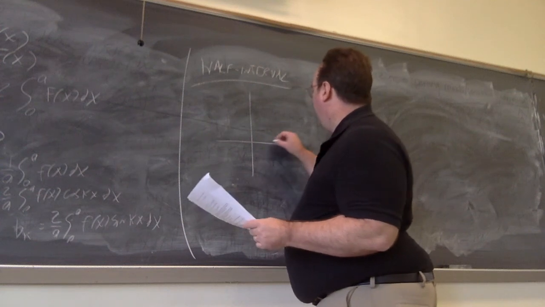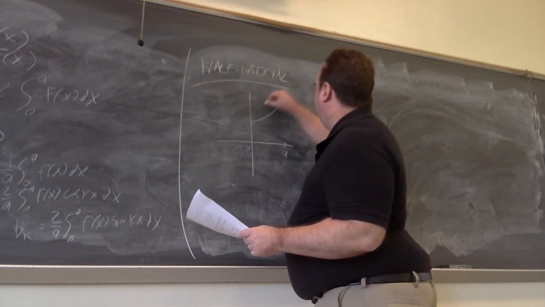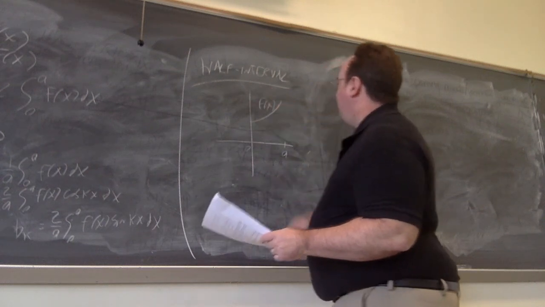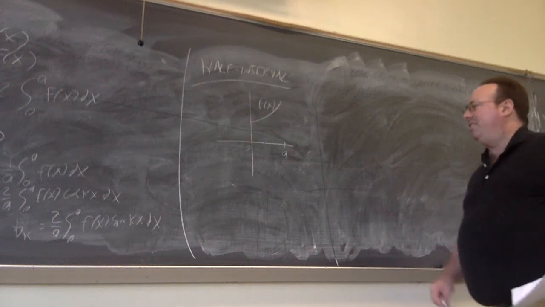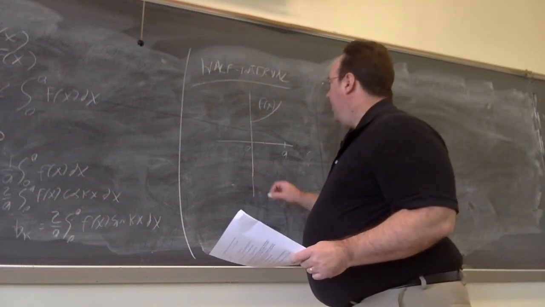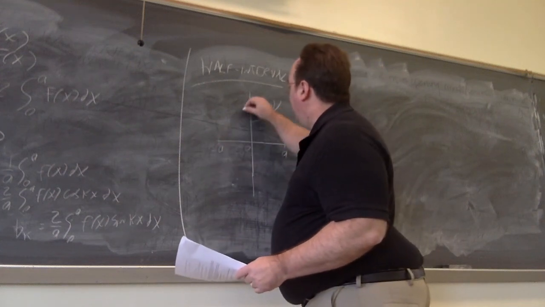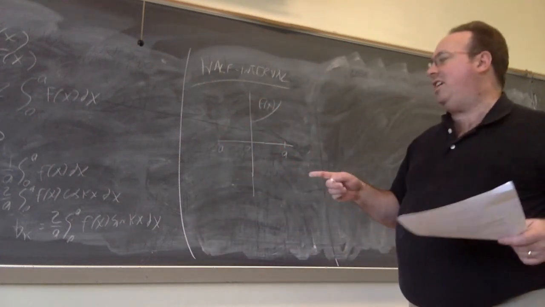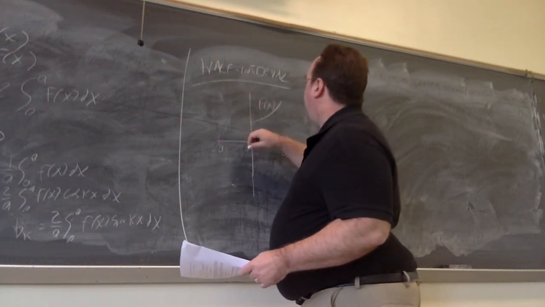Suppose you are working in the interval 0 to a, and you have a function like this, your f, and you want a series just on that half interval. Now there's a couple of different ways you can go about it. To fall back on the formulas that I just gave you, you can extend it in such a way that it's even.